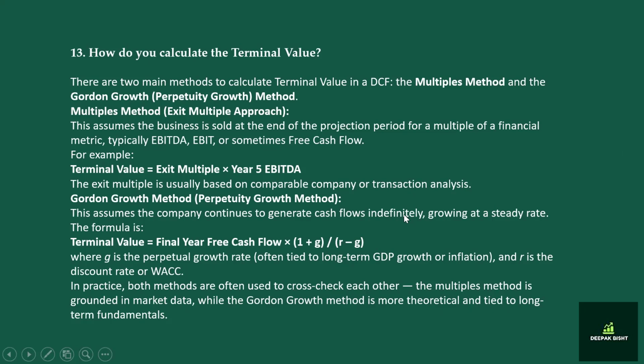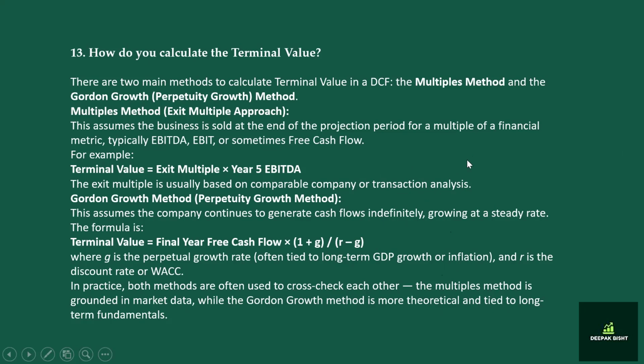And analysts often calculate terminal value using both of these methods to ensure consistency, and discount back to present value. So terminal value must be discounted to present value using the company's weighted average cost of capital before adding it to the sum of the forecasted cash flows.